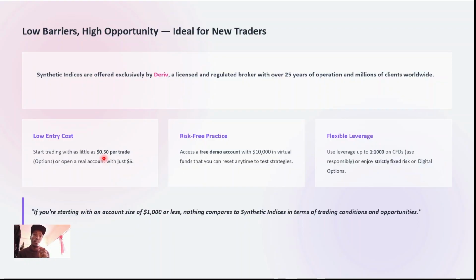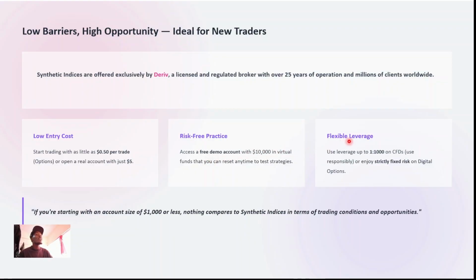Once you open a real account, you can deposit as little as $5. You also get access to a free demo account with $10,000 in virtual funds that you can reset anytime to test your strategies.